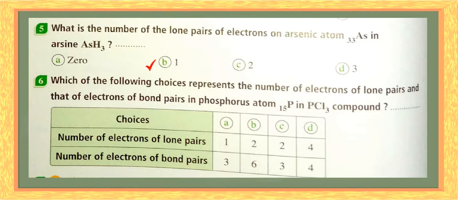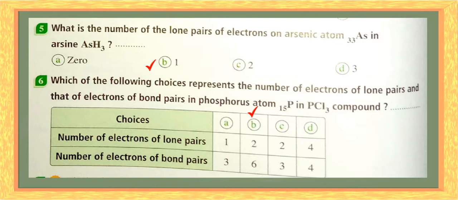When we count them, the right answer comes from counting the electrons of the bond pairs, the electron pairs that form a bond. In PCl3 we have 3 bond pairs, so we have 6 electrons, and we have only 1 pair of electrons that is the rest.